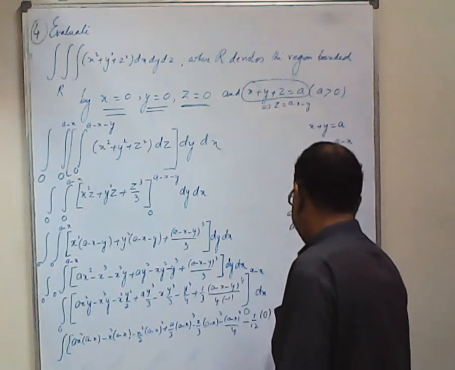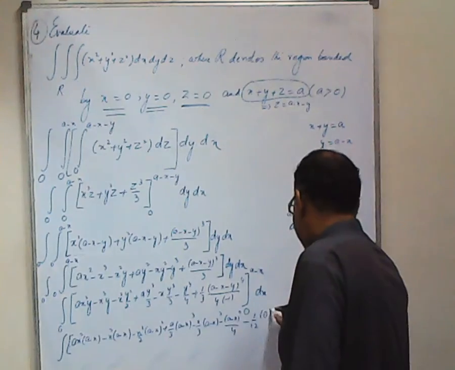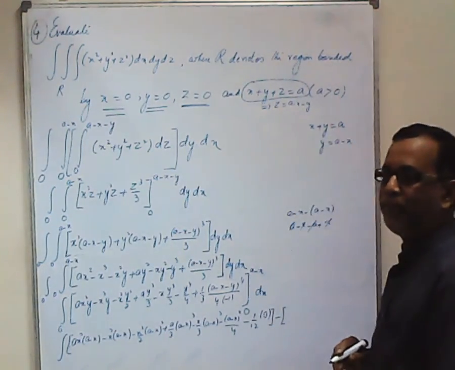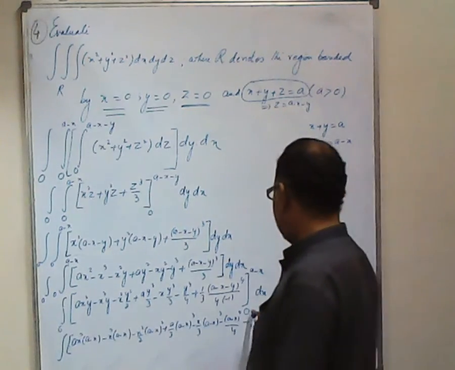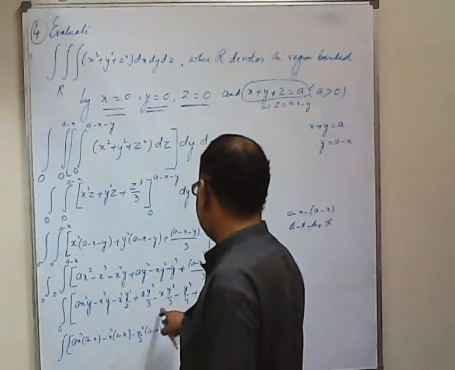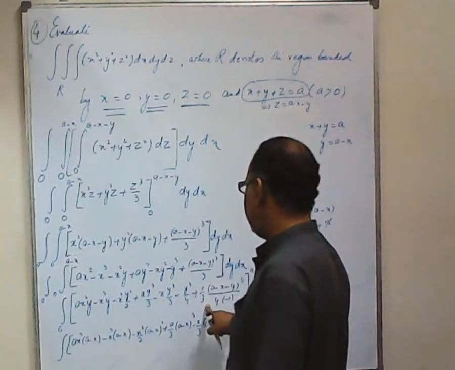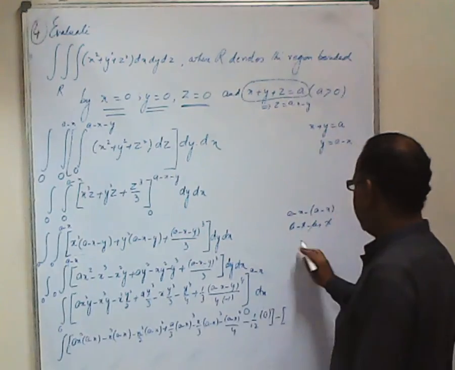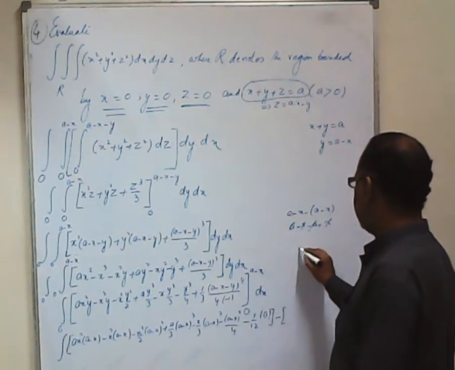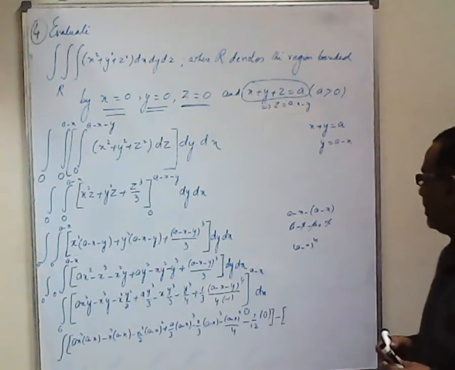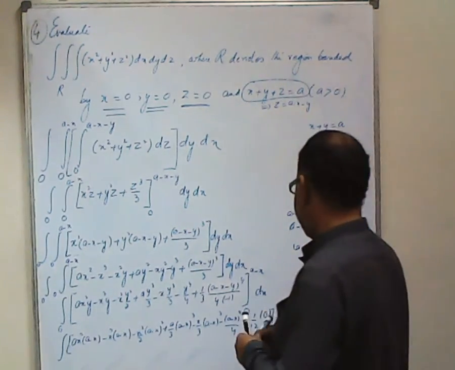Then comes the minus sign and then the lower limit. And the lower limit is 0. So when we substitute 0 here, everything becomes 0, but here we do not find any 0, because when we substitute 0 here, it will be a minus x whole power 4 upon minus 12.